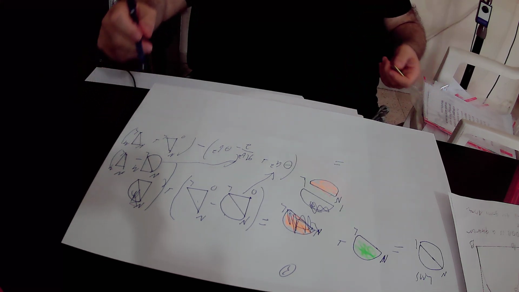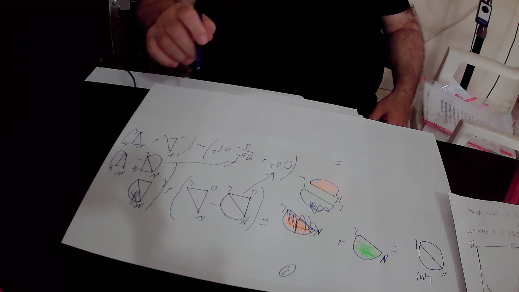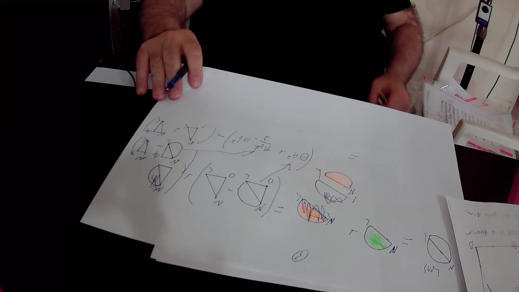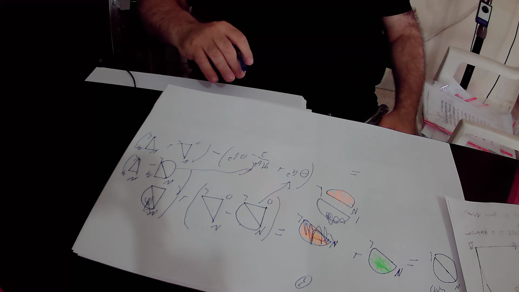So what is left to do here is to find out the areas of those two triangles. In order to find out the area of the two triangles, we'll combine them together.